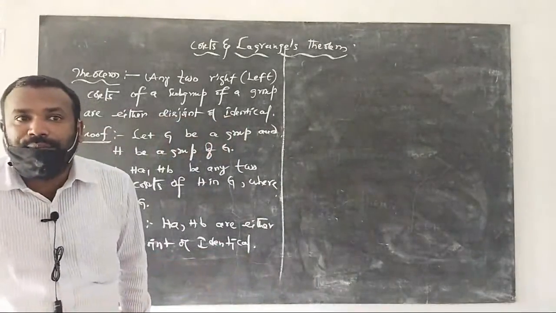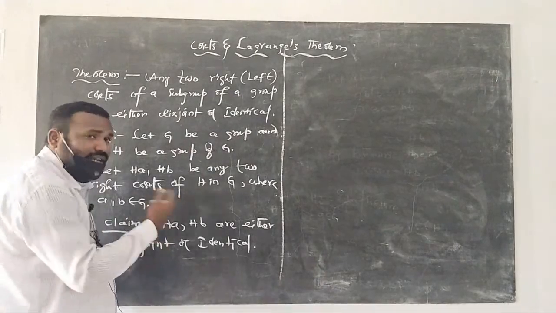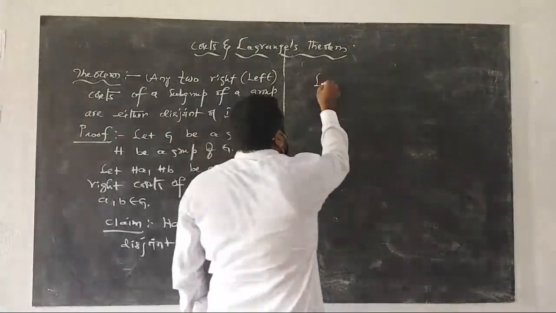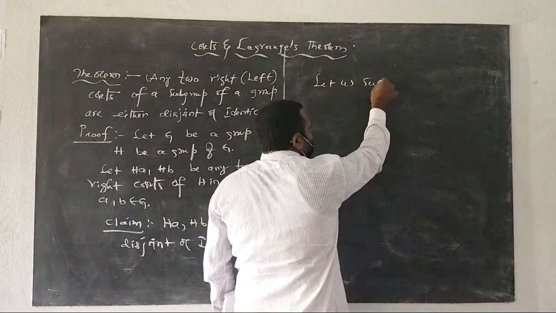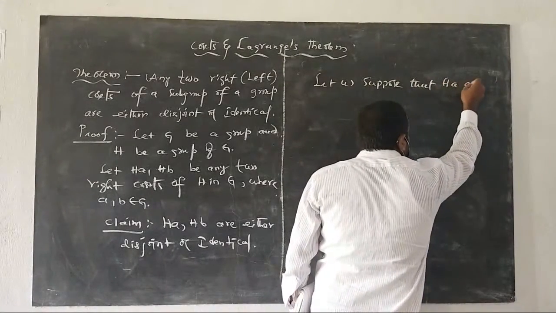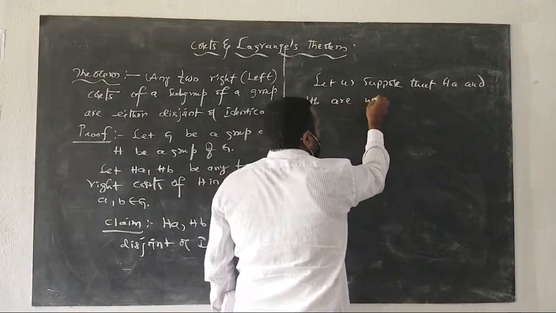Write until this step. So let us suppose that Ha and Hb are not disjoint.